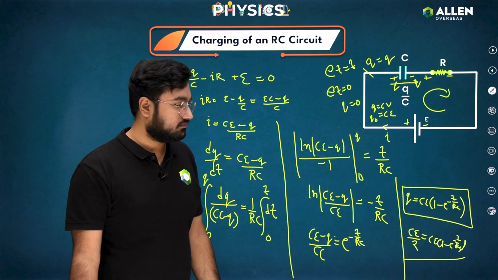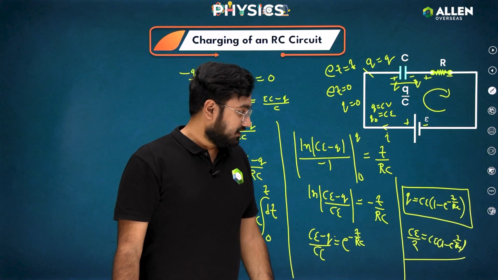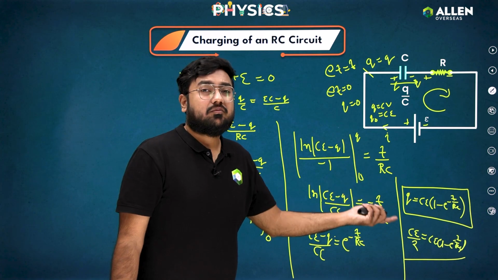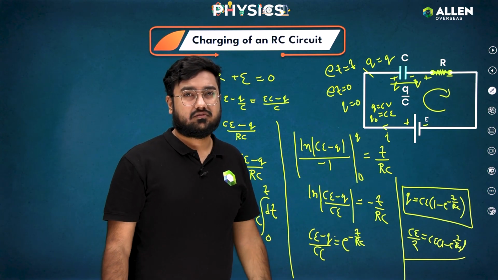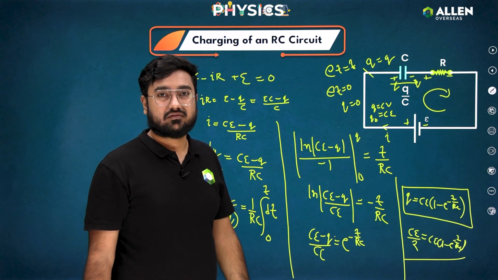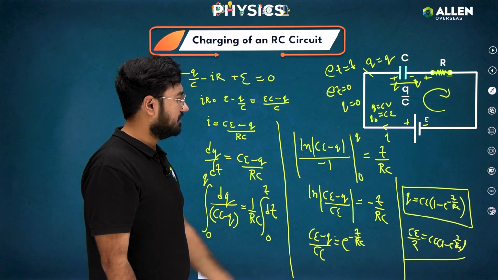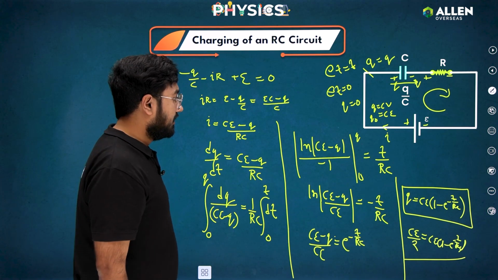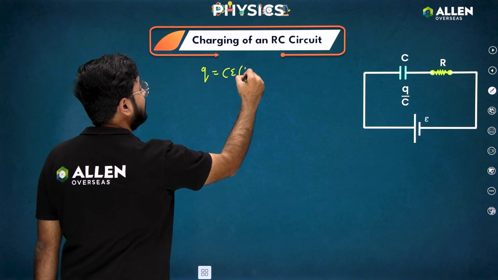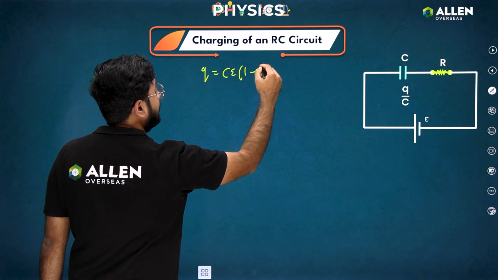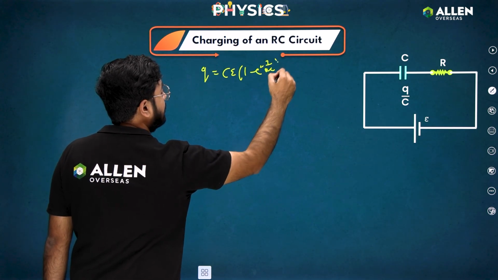Can't you? Yeah. They can also ask in how much time it will be charged to one fourth of its maximum value. Yeah, we can use that. So we have a nice equation of charge: Q is equal to CE times (1 minus e to the power minus t by RC).